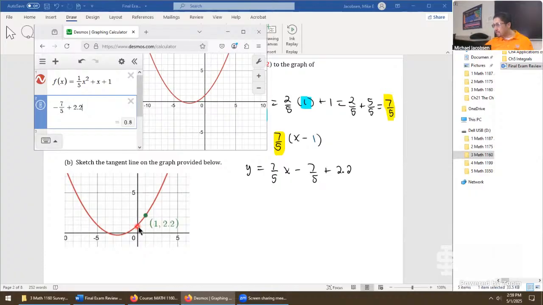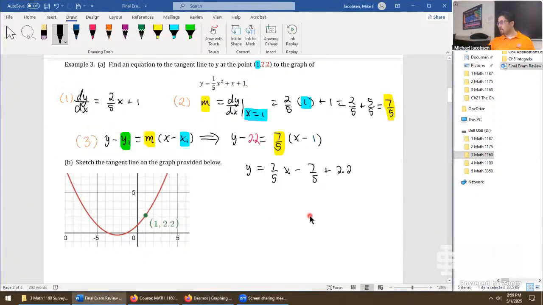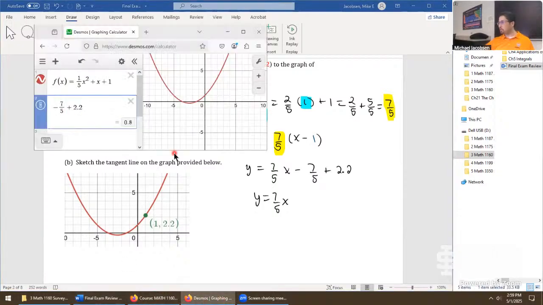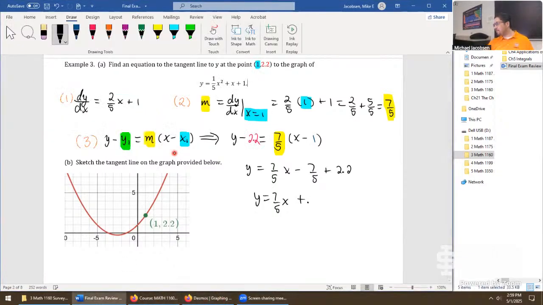And yeah, that looks like it could be a 0.8. So y equals 7/5 x minus 7/5 plus 2.2, which is 7/5 x plus 0.8. And then finally, tangent line should have been like that.